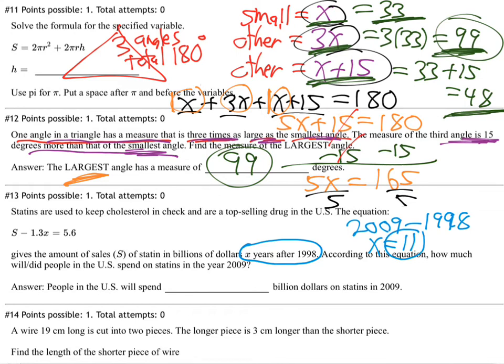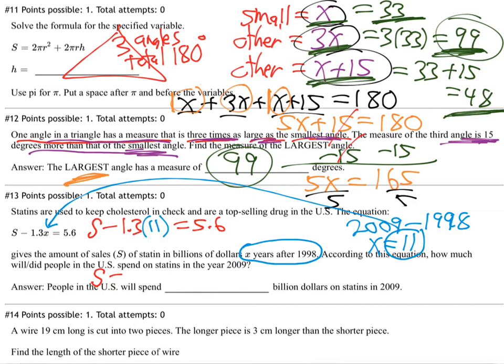So just grab that 11, plug it in right there. So we'll get s minus 1.3 times x, x is 11, equals 5.6. Hit the buttons on your calculator. What's 1.3 times 11?